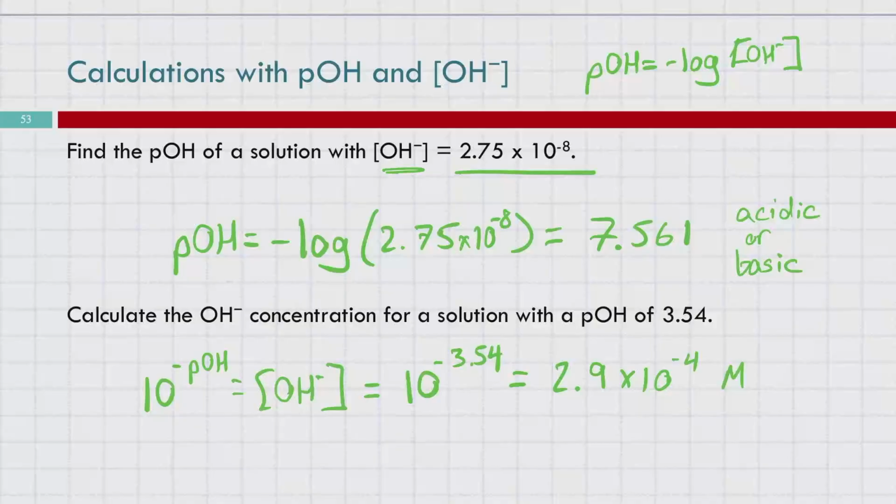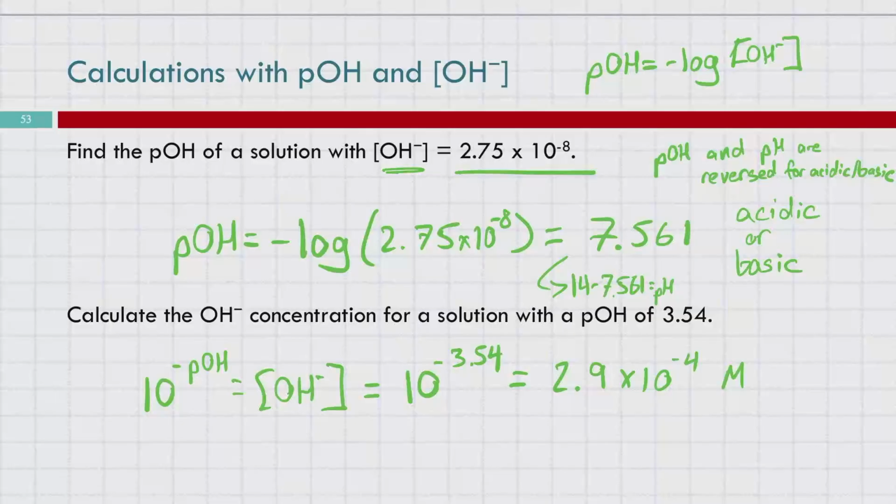So the pOH and pH are reversed for acidic basic. If we did 14 minus 7.561, this gives us our pH, and it would be 6.439, which is below 7, which means that it's acidic.